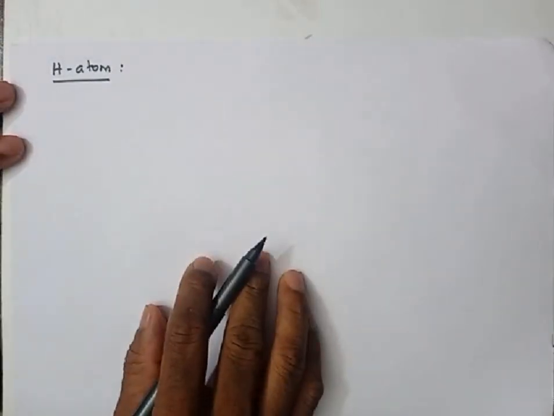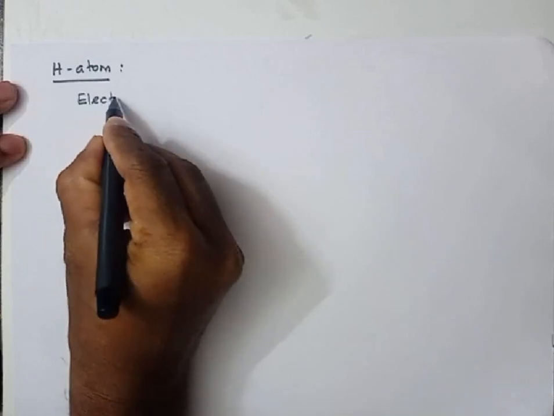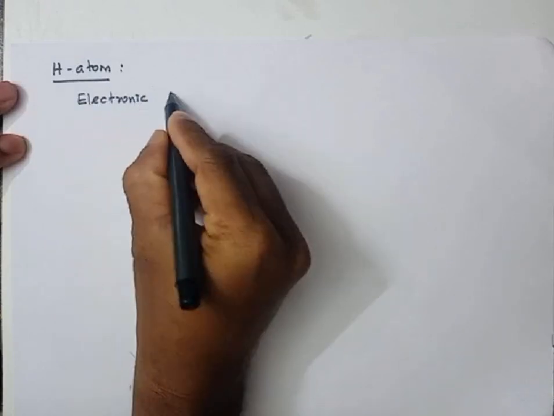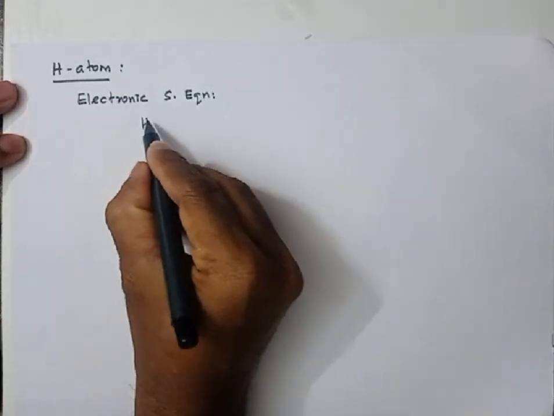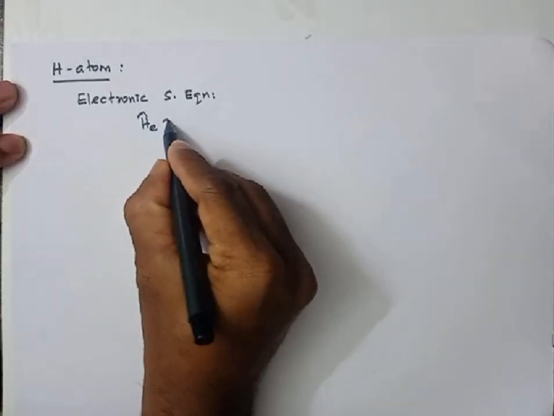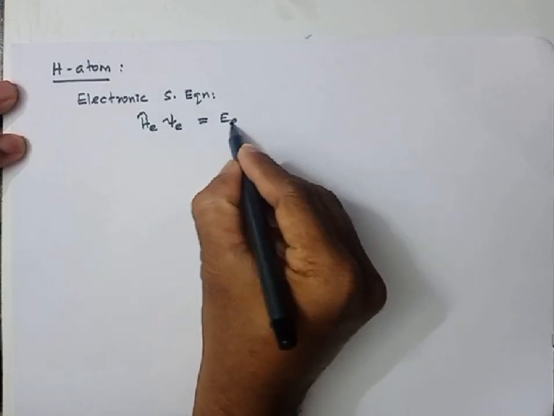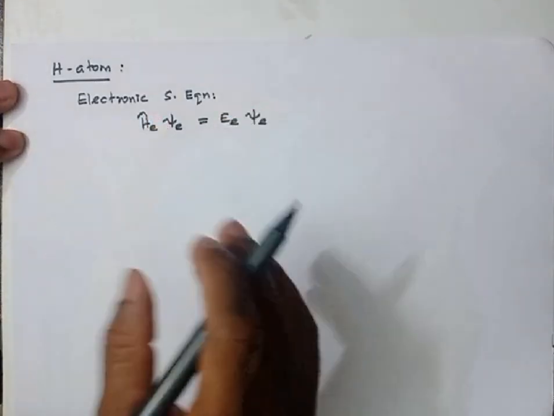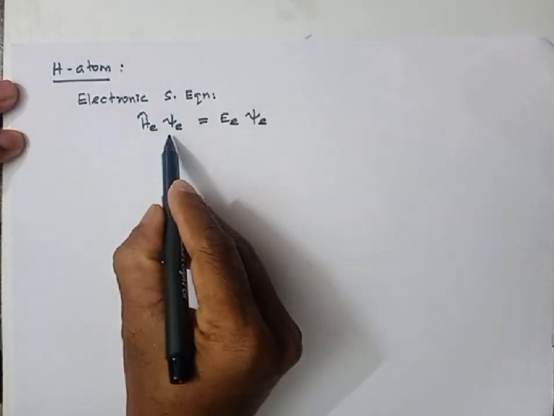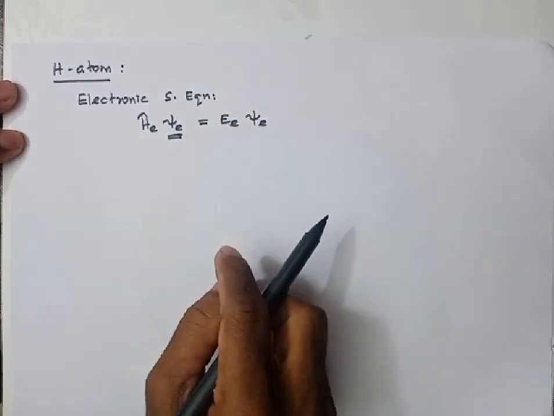if you solve the electronic Schrodinger equation, that is H electronic psi electronic equal to electronic energy into psi electronic. So if we solve the Schrodinger equation, we get solution as wave function and we get the energy eigenvalue.